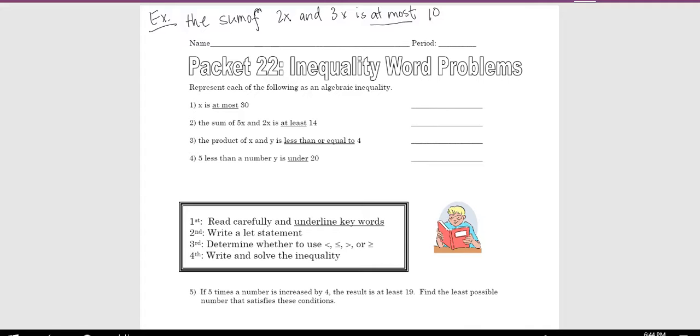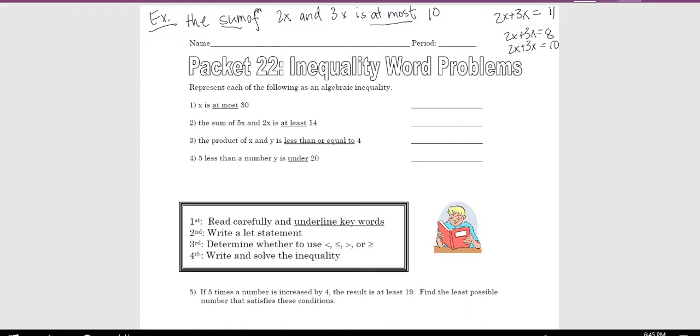In this case, the sum of 2x and 3x does not equal 10. It can at most be 10. So 2x plus 3x can be 4, 2x plus 3x can be 8, 2x plus 3x can be 10, but that's the most that it can be. It cannot be more than that. So you can't have something like 2x plus 3x equals 11, because the sum of 2x and 3x is at most 10.